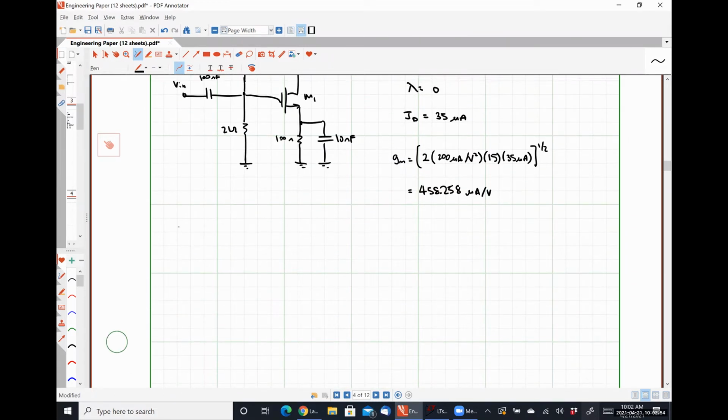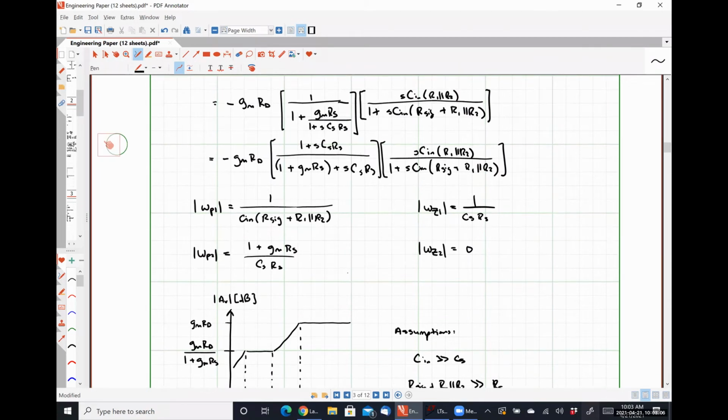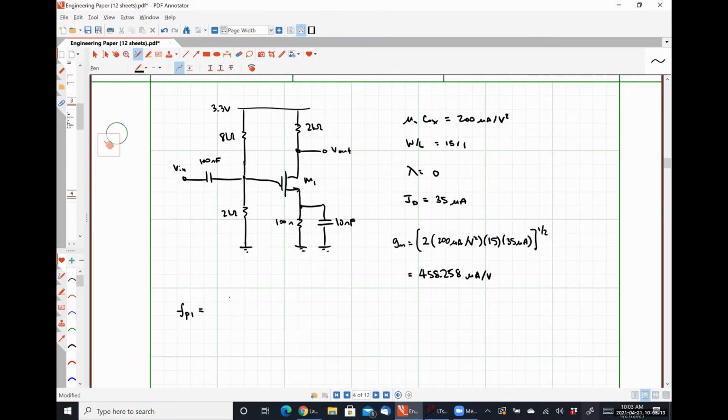And from this, the frequency of pole 1 is just going to be 1 over 2 pi Cn times R1 in parallel with R2, because R sig is 0, so that's why we're getting rid of the R sig there.